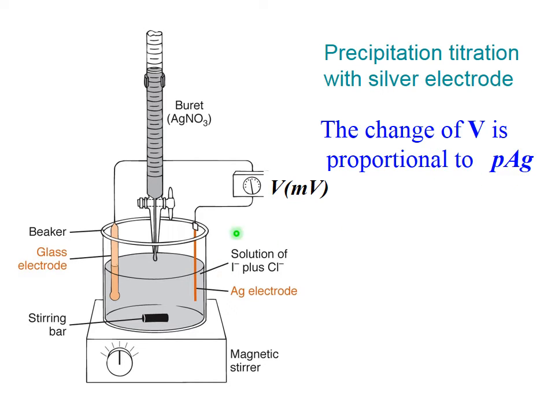So instead of measuring pAg, we are simply measuring voltage, and when we see the jump of the voltage, we know that our titration is over. We do not even bother to calculate silver concentration. We just look at the behavior of our voltmeter as an indicator. This is the best approach for silver titration.